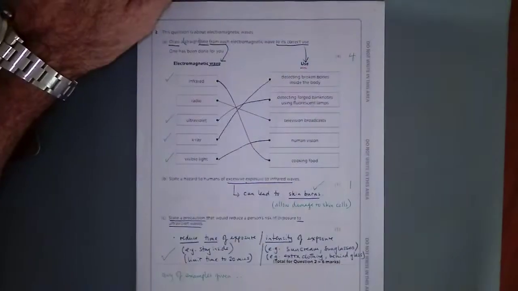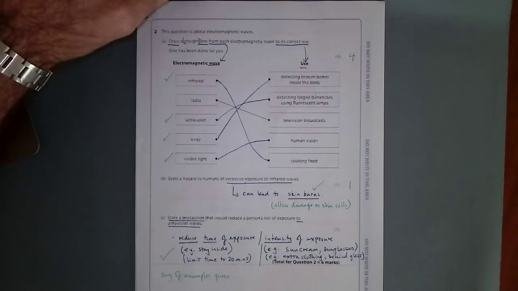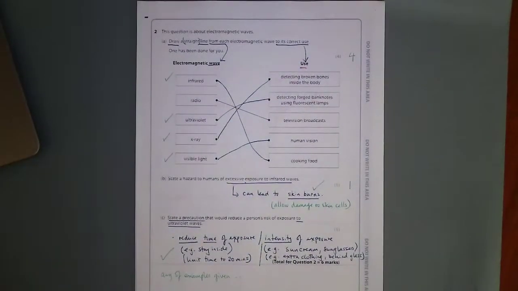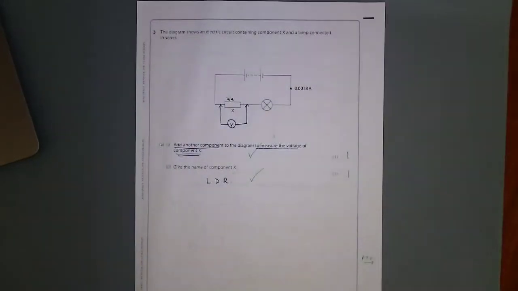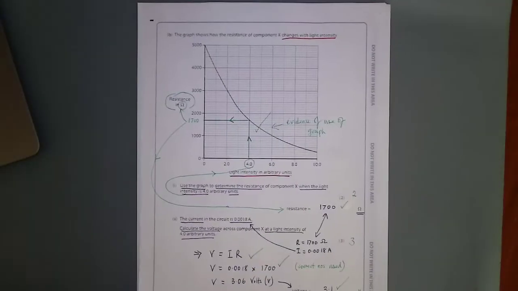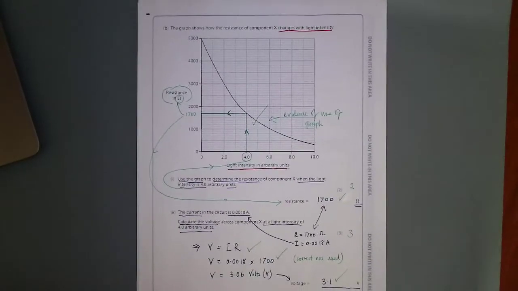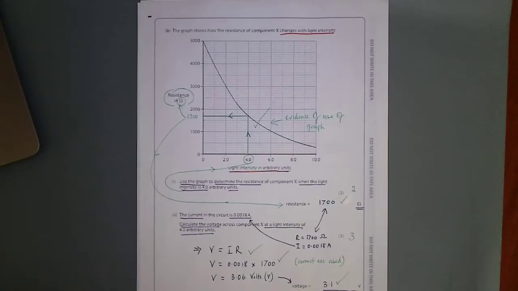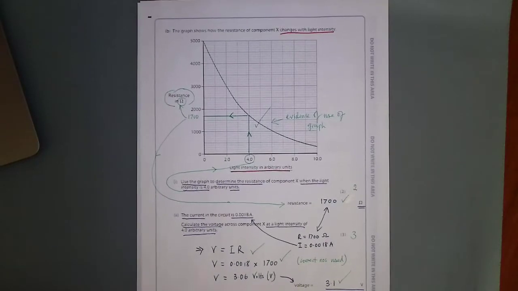See if the lighting helps. So this is the second question we went through on the uses and dangers of electromagnetic waves. The third question we went through was on the LDR circuit with the graph and how you only need to use two significant figures.